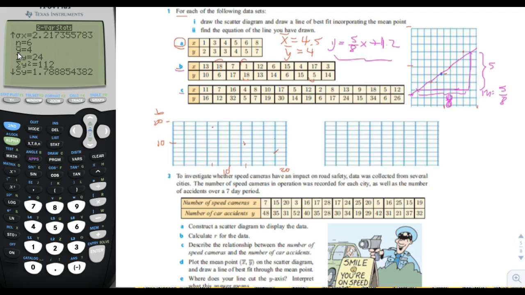And 1, 18 would be about here. And 12, 13 would be about here. And 6, 14 would be about here. 15, 6 would be about here. And 4, 15 here. 17, 5.